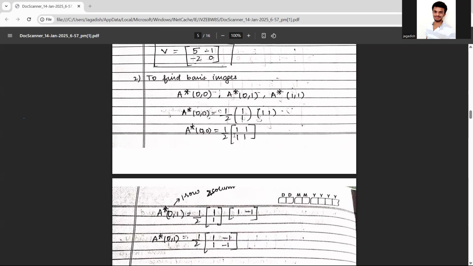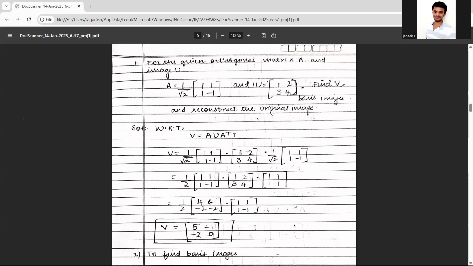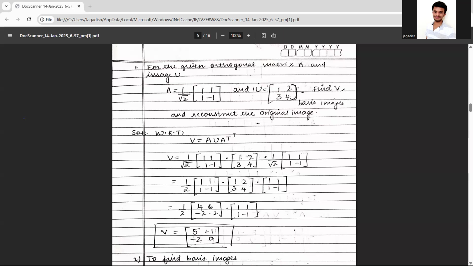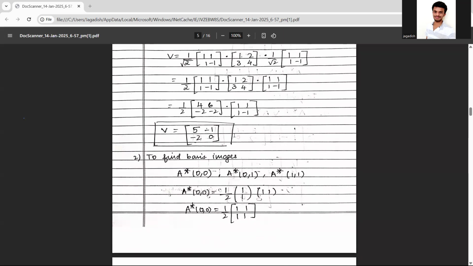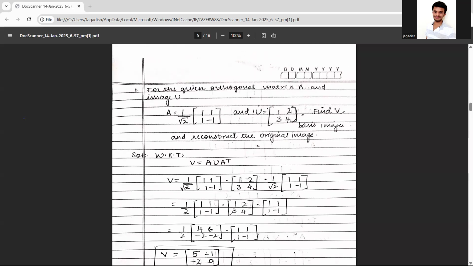So see, A star 00 you're supposed to find. A star 00 is nothing but your 1 1. So A star 00 is nothing but your first row. Whatever A star 00 is there, that will be your first row.